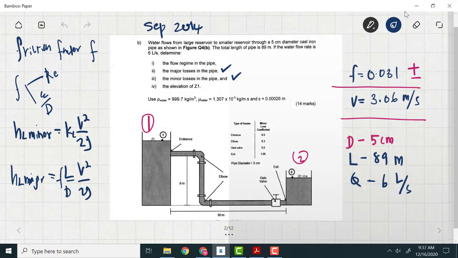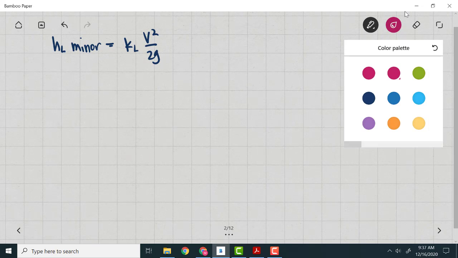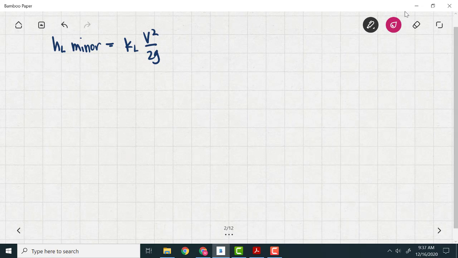So first of all kita look at dululah apa major losses and minor losses. So HL minor is equal to KL V square over 2G. First of all, we need to know lah apa benda dia punya term. KL ni term tu apa, V ni term tu apa.